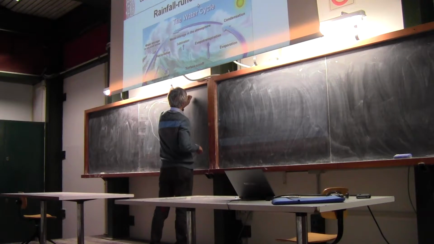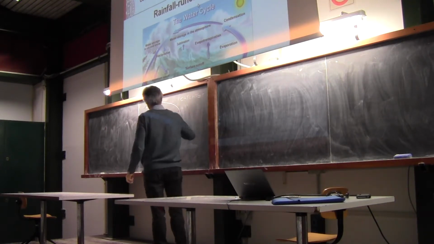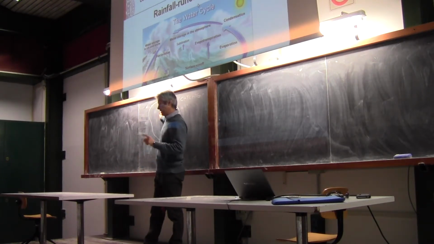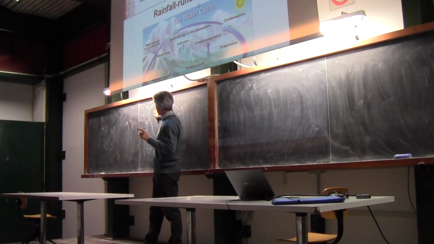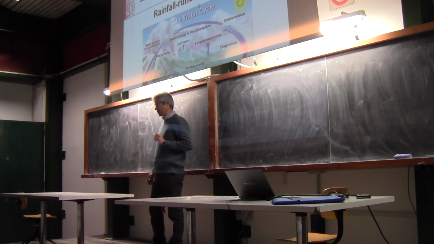I think I already introduced it, but anyway, it's the area such that the rainfall, and only that one, that falls over it contributes to the drainage, to the river flow at the given river cross section.